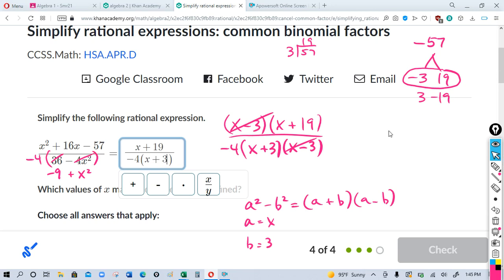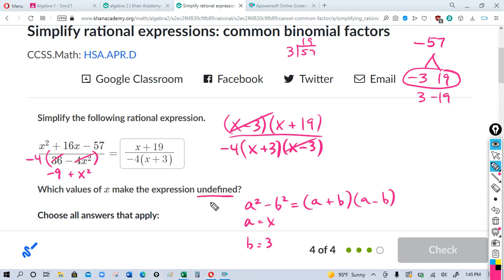Okay? And now for the second part. What makes the expression undefined? Okay? You can't go by the final answer. You have to go by the original. Okay? Before you cancel. So here, if x equals negative 3, that would make this 0. Can't have 0 in the denominator.